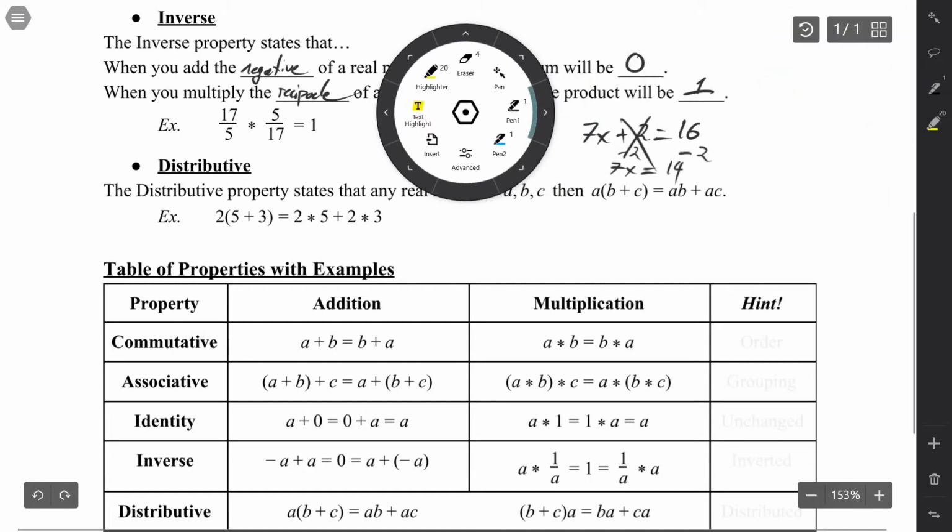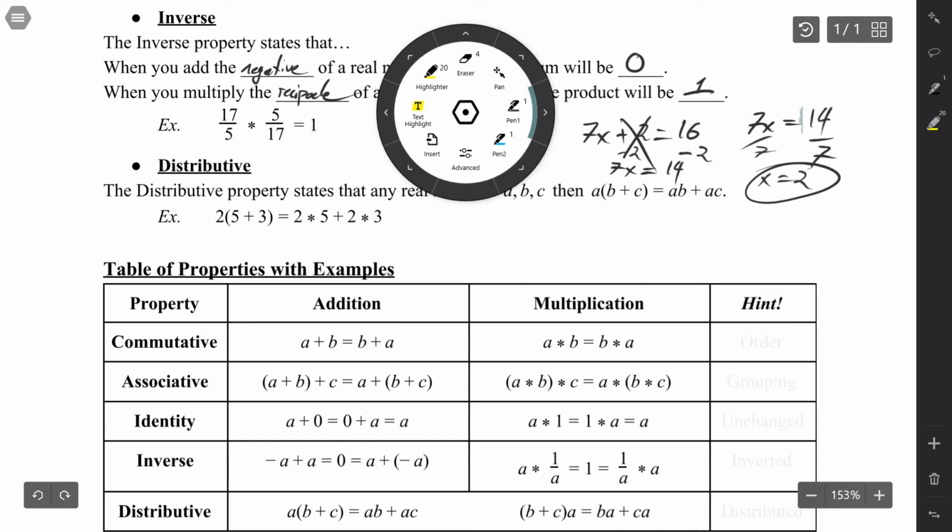And then in the same way, to get rid of this leading 7 in front of the x, we're going to multiply by the reciprocal, which is just multiplying by 1/7. And oftentimes we just write that as a division by 7. So 7x over 7 equals 14 over 7. Oh, I don't know what I did here. That should be a 14. Then that's going to give us x equals 2.